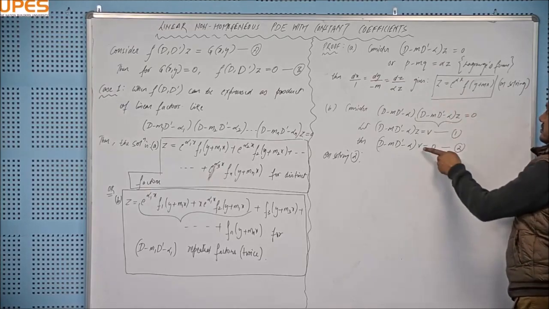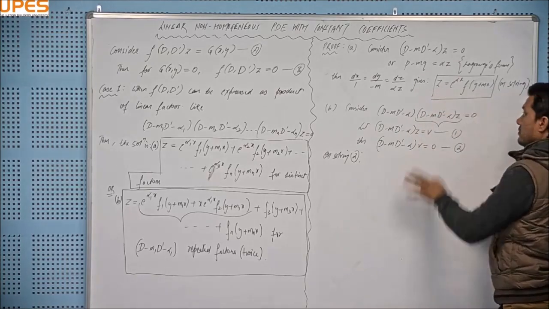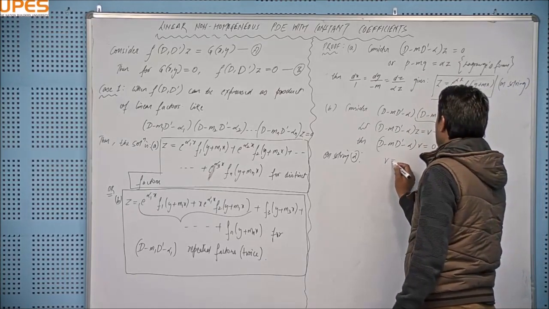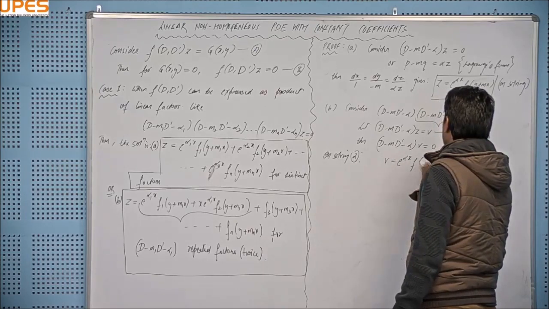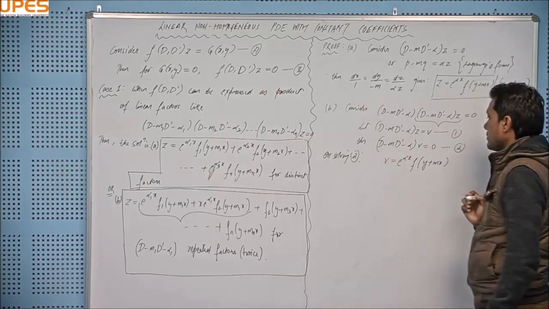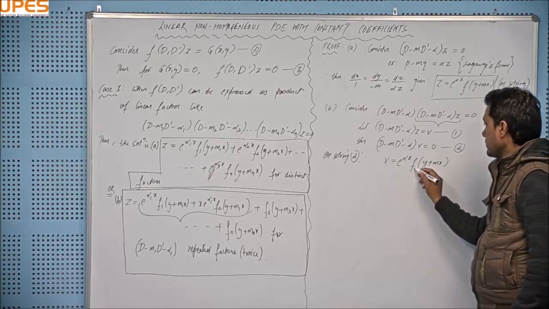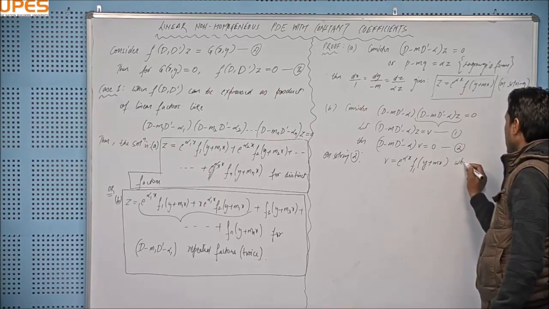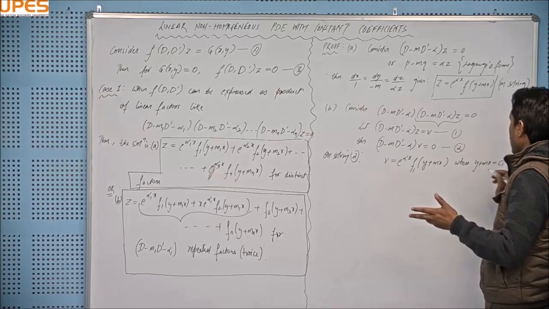On solving 2, I will get a solution of this form: v is equal to e to the power alpha x f1 of y plus mx, where y plus mx is equal to some constant c1.